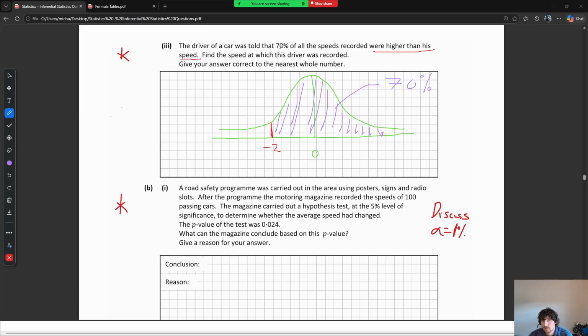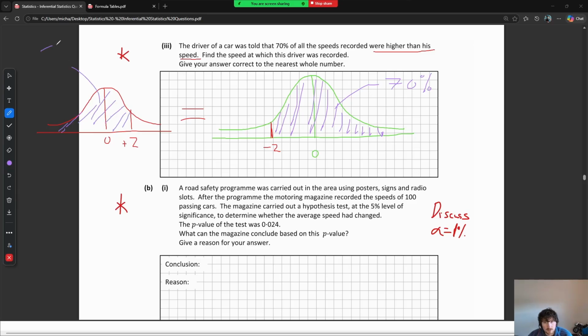They're telling us that 70% of people are at a higher speed than him. So this is him down here as a z-score. So we need to somehow find out this z-score. Now our tables book won't tell us about negative z-scores, but the idea is everything is symmetrical. So if 70% is above this negative z-score, then the equivalent positive z-score will have the same 70% below it.